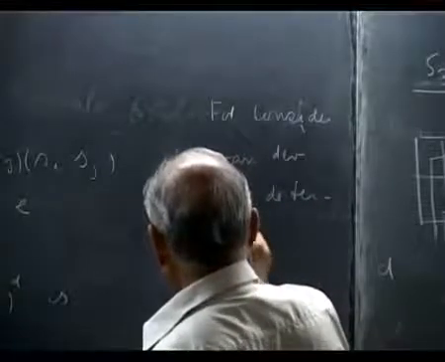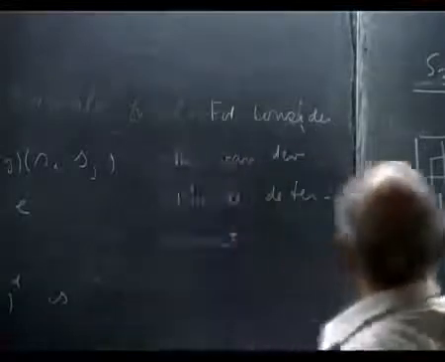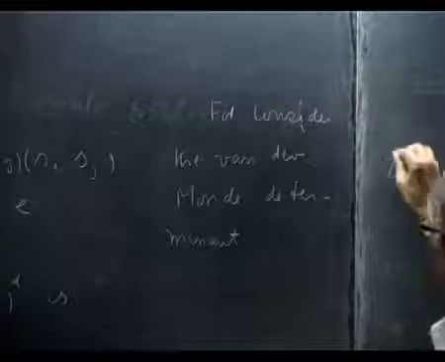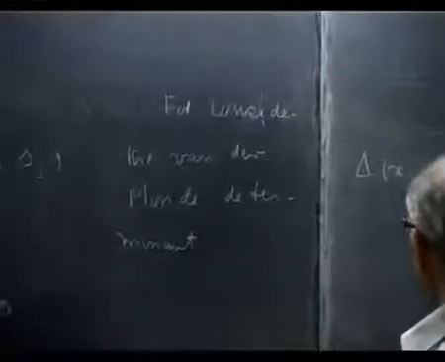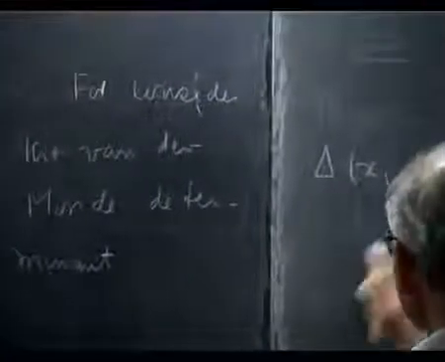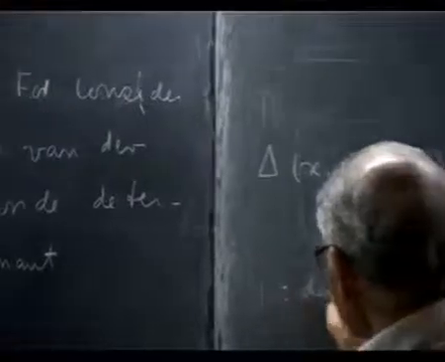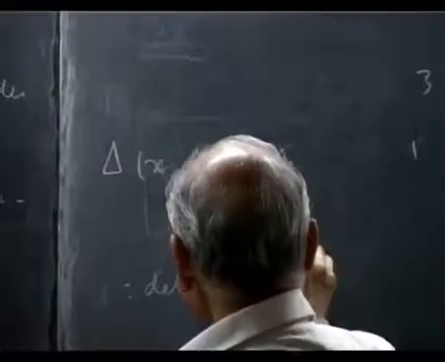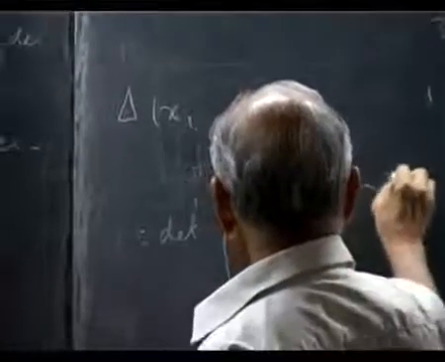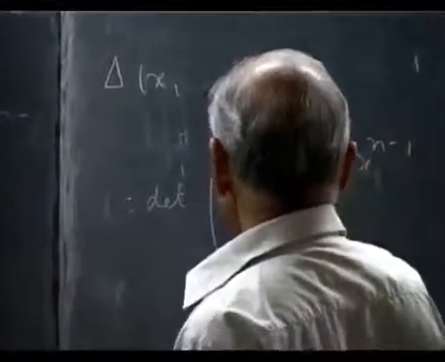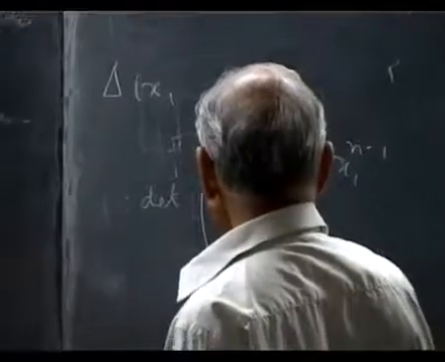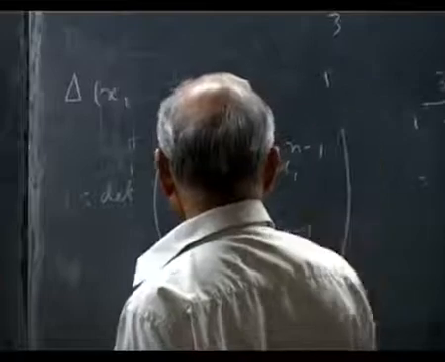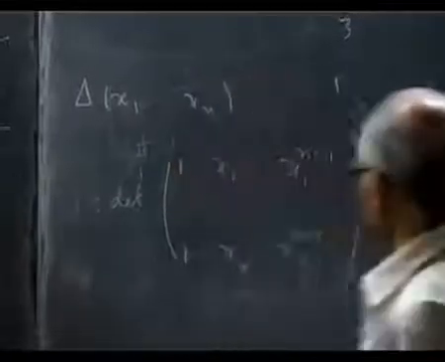So delta of x1 up to xn, which is the determinant of the matrix with rows 1, x1, up to x1 to the power of n minus 1, through 1, xn, up to xn to the power of n minus 1.